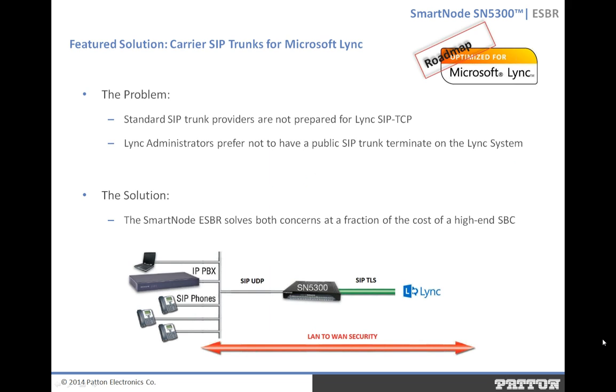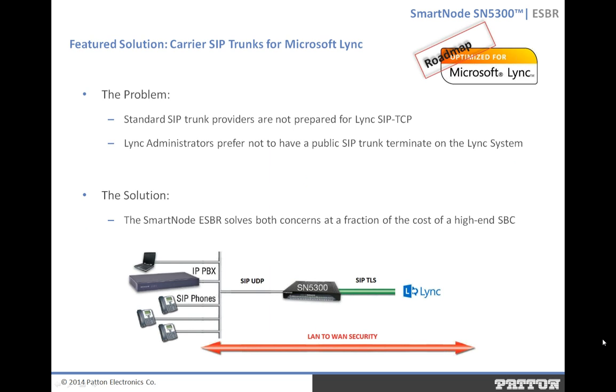Another possible application is together with Microsoft Lync. The 5300 is not yet certified for Microsoft Lync, but we're working on it, of course. But based on all the tests we have done internally, we can say it's working fine in terms of the technical implementation.